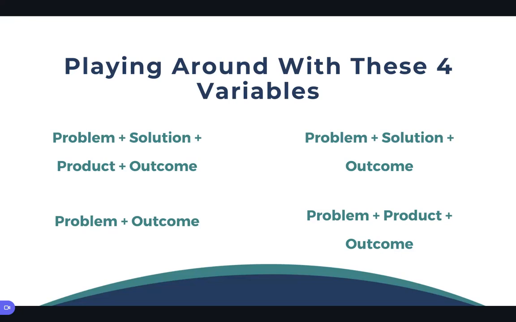But there are other ways to do it. For instance, you could omit the product entirely. If you've got someone who's unaware or has less awareness, they don't really want to hear about why your product is better than the competitor, because they're not even necessarily sure they have a problem. So you can produce some really effective sales enablement content by just explaining what the problem is that they might be experiencing, explaining the range of solutions that they could explore, and what the outcome would be of picking that type of solution.